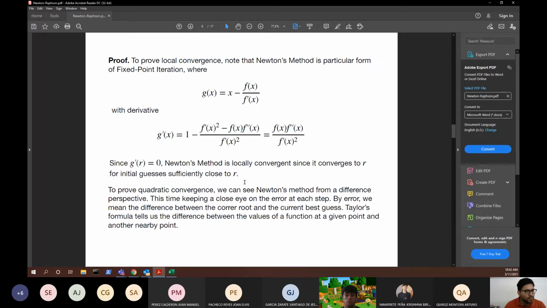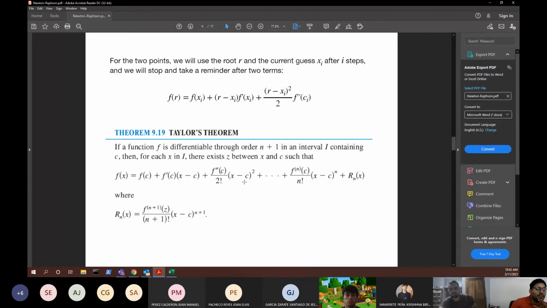Remember, Taylor's formula tells us the difference between the values of a function at a given point and another nearby point. Okay, so this is what we use in calculus, Taylor's formula, la fórmula de Taylor, ¿cierto? So in general, I'm just going to put this.